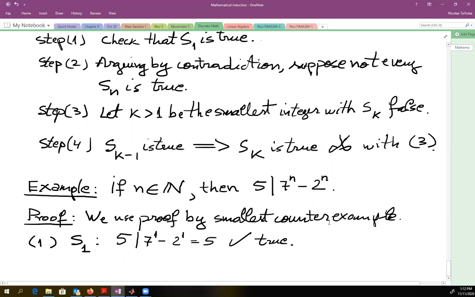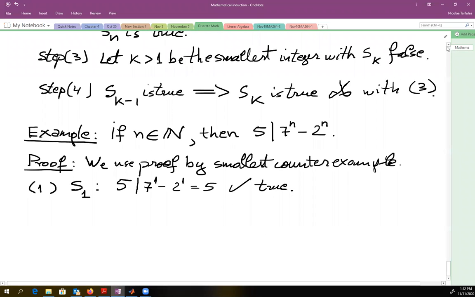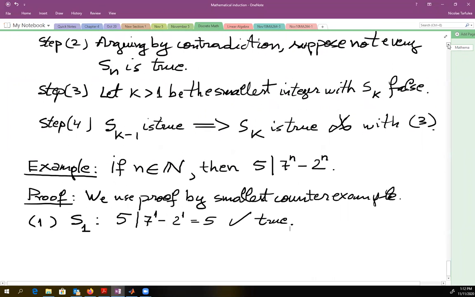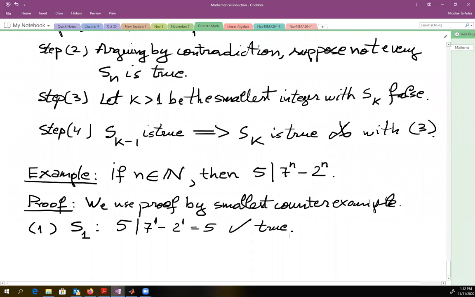Okay, now, arguing by contradiction, so we are moving to step 2, which you see above. Let's assume that the statement, so Sn, is not true.